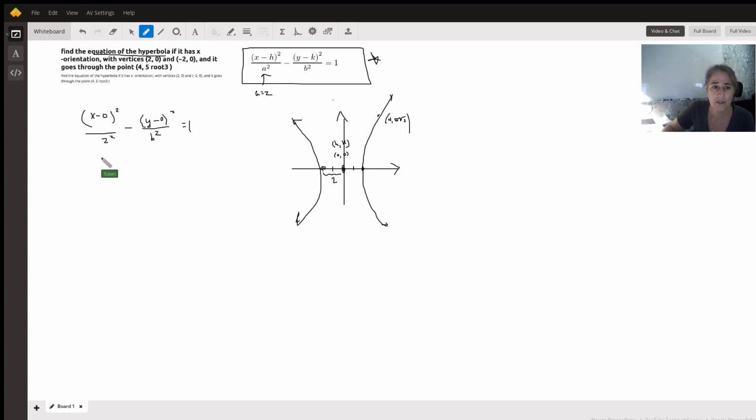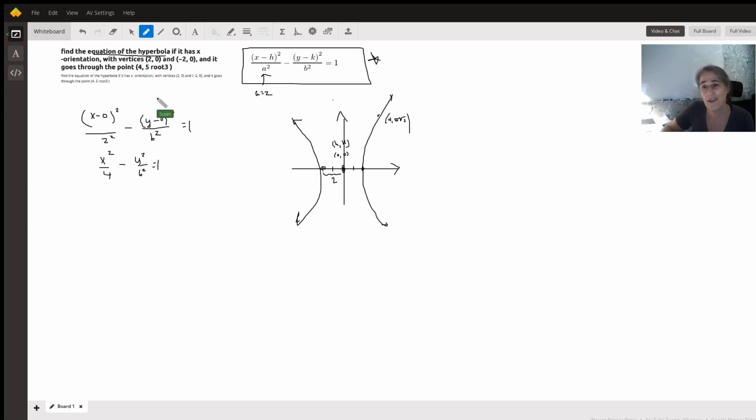And I'm just going to do a little simplifying here and write x squared over 4, because x minus 0 is x, and I would square the 2 down below. And then y minus 0 is y, so that's going to be y squared over b squared equals 1. So that looks a little bit better.